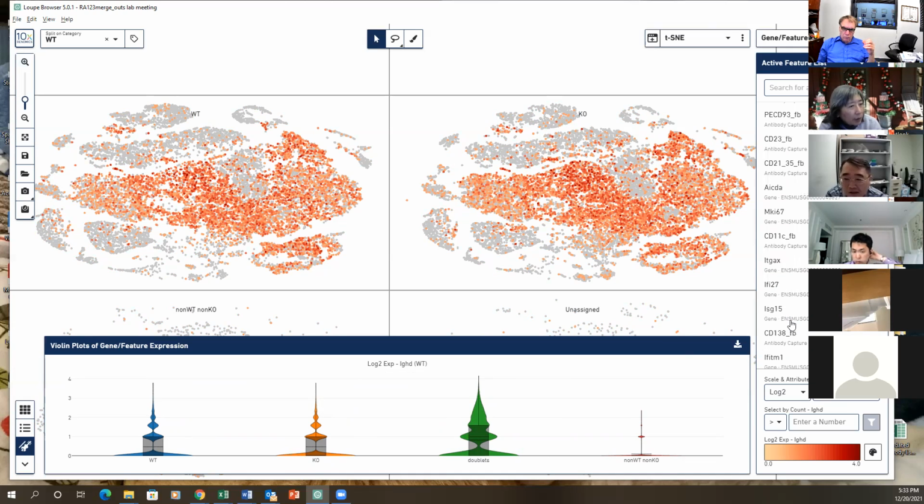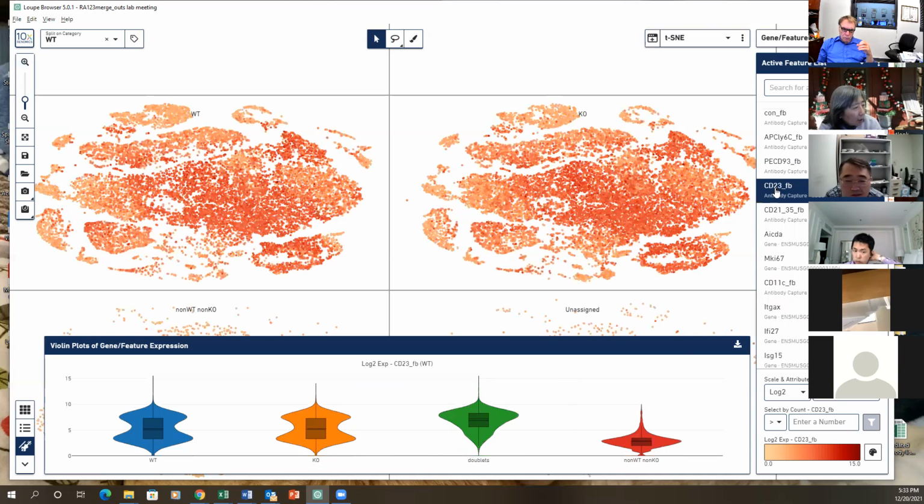So the protein, like CD23, this is 5.3, this is 5. It's about the same. Q3 is 7, about the same. Maximal is 13.4, this is 14.8, even higher. Generally CD23 is about the same.